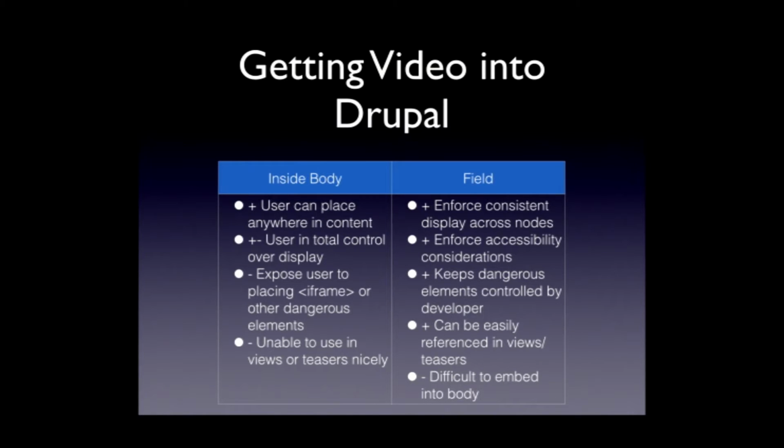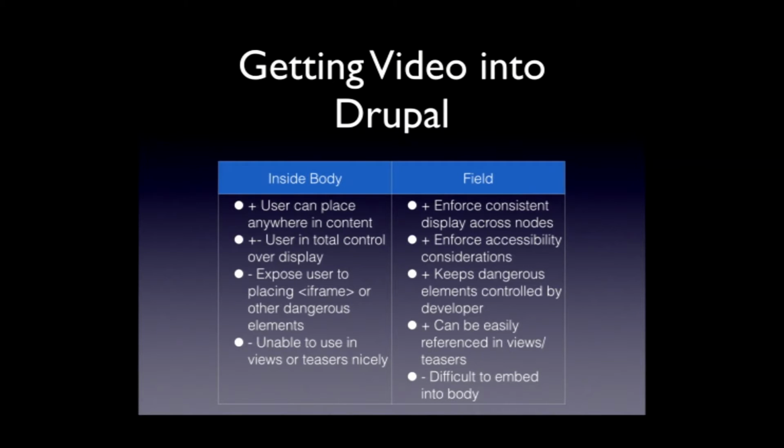You can enforce accessibility configuration or considerations. So in my example, I have another field that goes along with it for an alternate URL for descriptive video, for transcript, and for something that includes closed captioning.